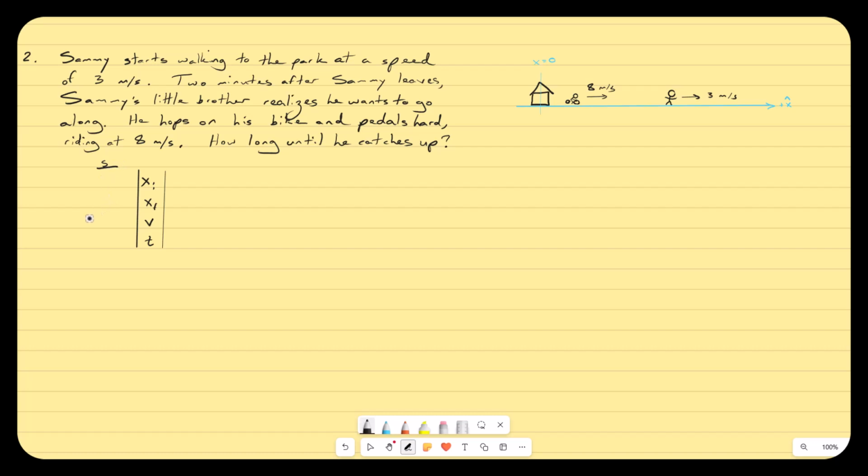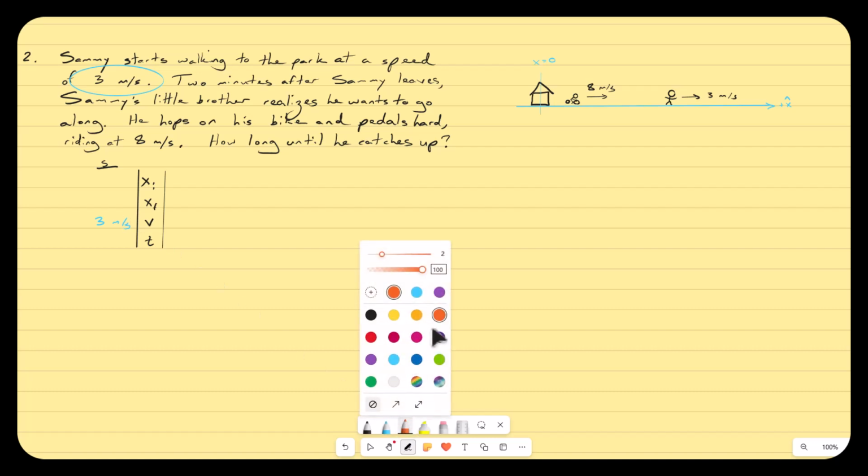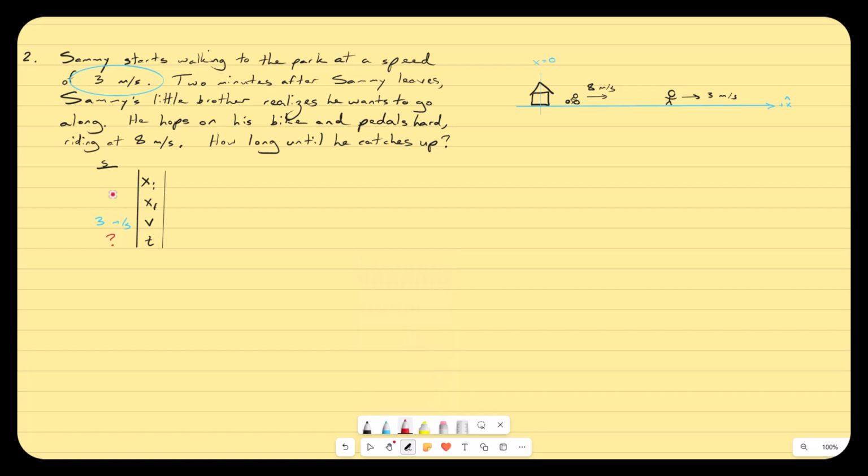For Sammy, I'm going to right away pick out Sammy is moving at 3 meters per second. I'm not going to really know when they catch up or where they catch up. Those are unknowns. But I do want to know when they're going to. I'm leaving x initial blank for just a moment. Sammy's brother, who I failed to give a name, so B for brother, is going to move at 8 meters per second.